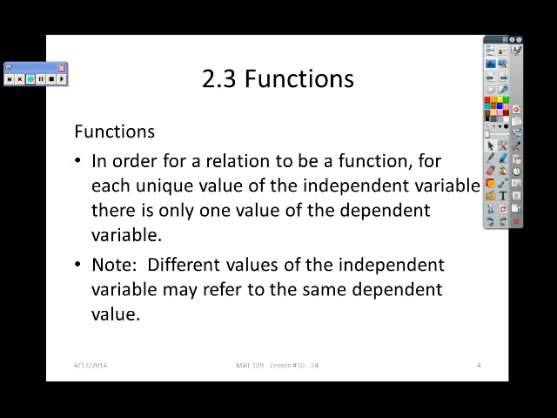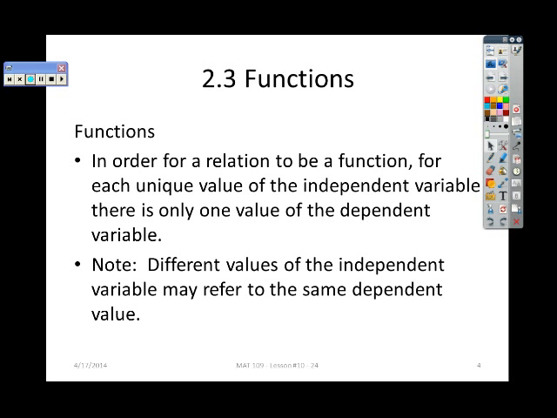Now, you may have two different inputs wind up giving you the same output. So I could plug x equals 5 in and get 25 for an answer. I could plug x equals minus 5 in and also get 25 for an answer. That's the squared function. Two different inputs that give the same output.